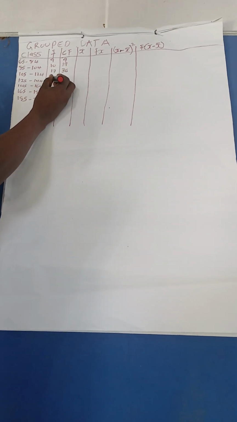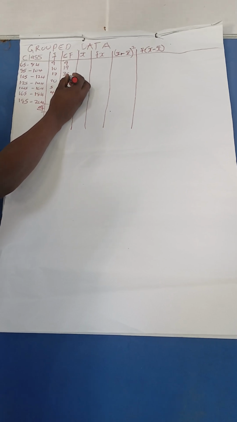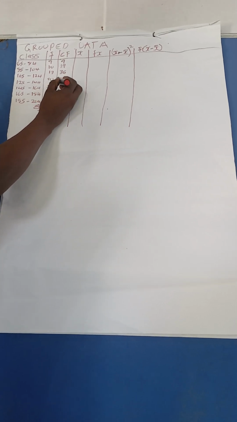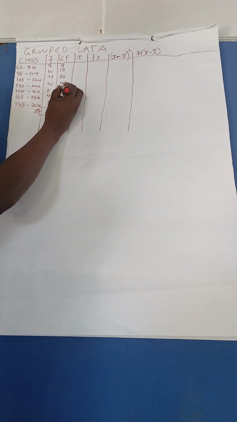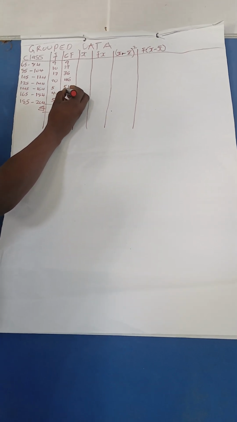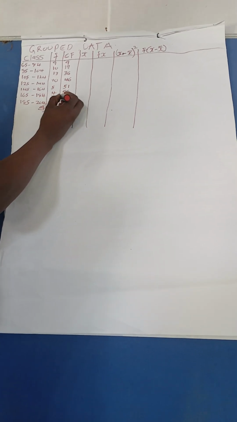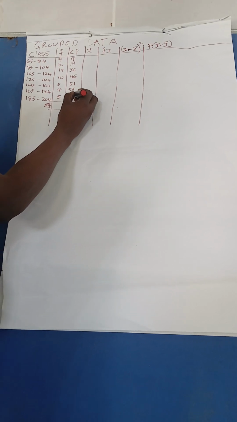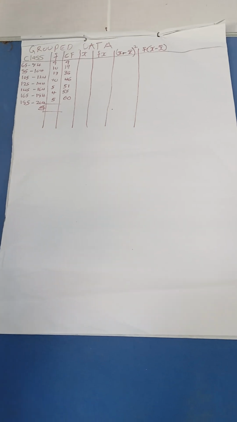Then 36 plus 10 is 46. 46 plus 5 is 51. 51 plus 4 is 55. Then 55 plus 5 is 60. That is how we calculate cumulative frequency.